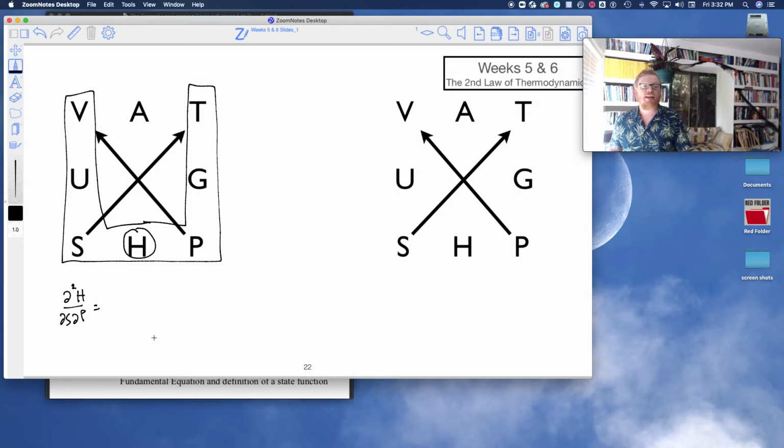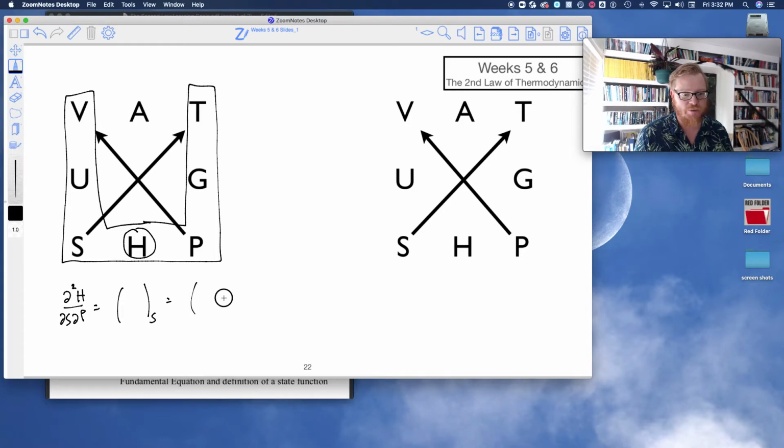Equals. Now, because S and P are our natural variables, we are going to have derivatives at constant S and derivatives at constant P. So we can set that up.